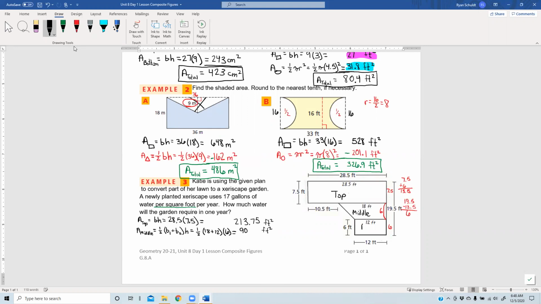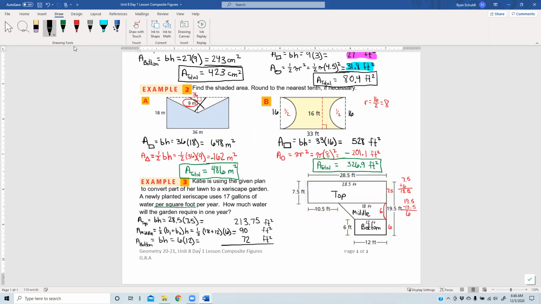Okay, now we need the area of the bottom piece. So area of the bottom. That's again just base times height because we're back to a rectangle. So 6 times 12, that's going to give us 72 feet squared.